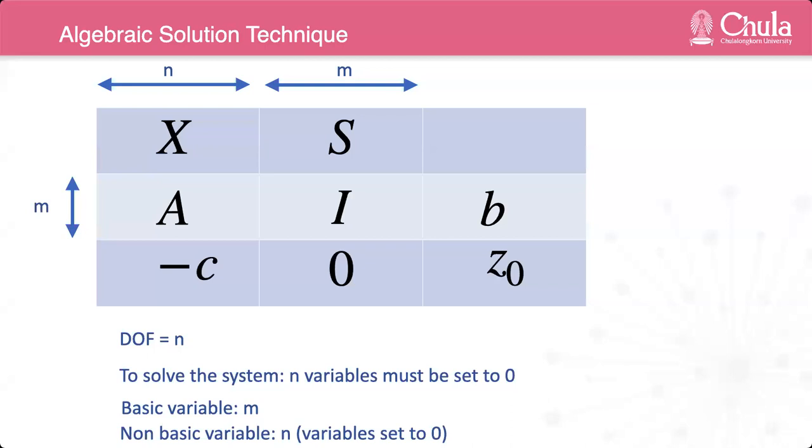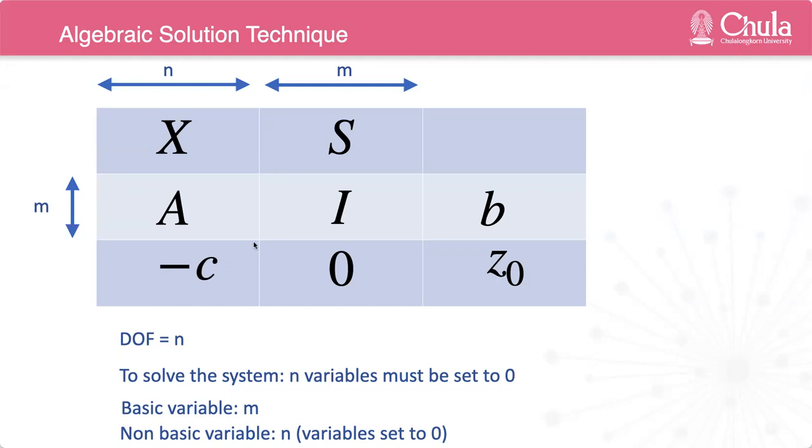N plus m. Right? The original one, we have n variables and we have m slack variables. So totally we have n plus m variables. And we have only m conditions, right?